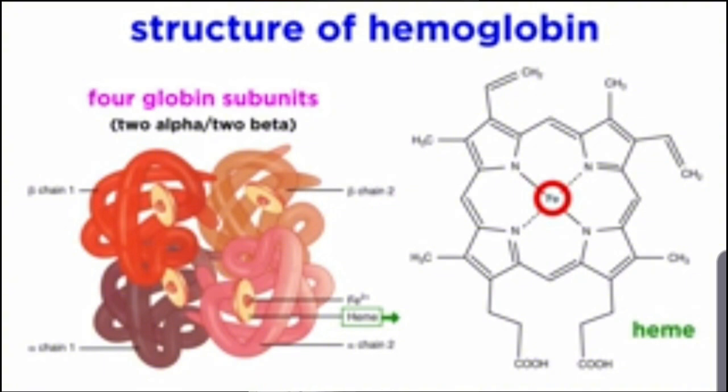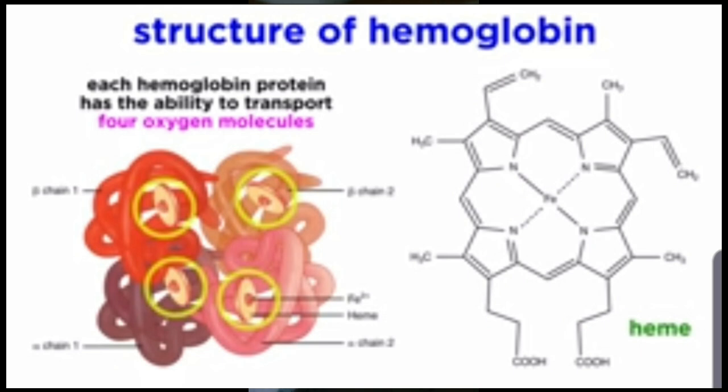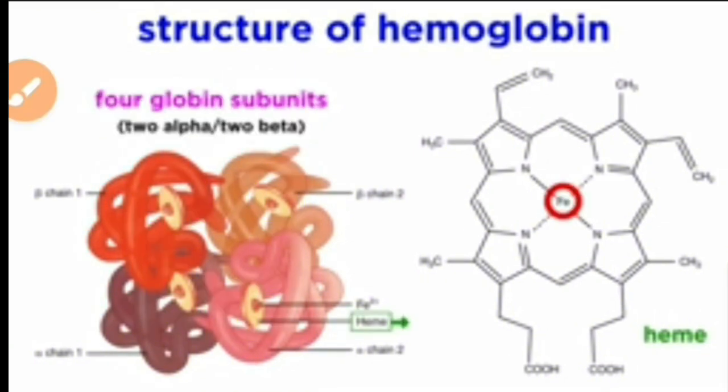The iron in this heme is able to bond to an oxygen molecule in a reversible fashion so that it can bind and then release when necessary.